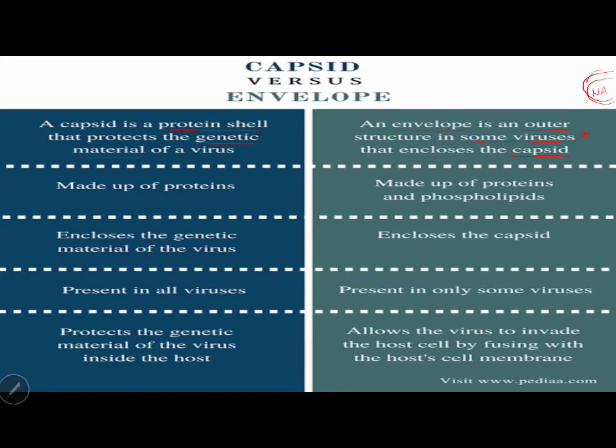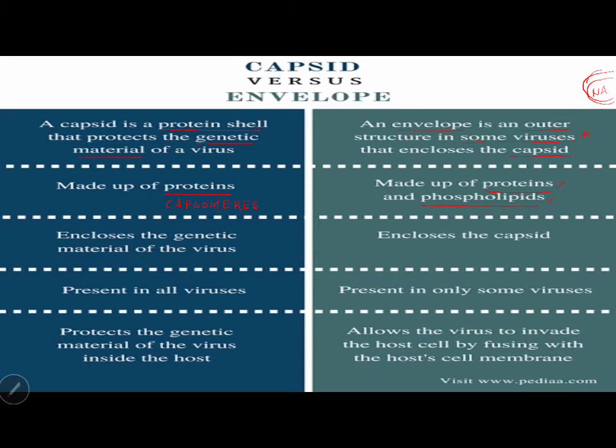It is made up of proteins, and this is made up of proteins and also phospholipids. So proteins and lipids, there are two types of chemical biomolecules forming the envelope, whereas capsid is made up of only proteins. So the units with which the capsid is made is called as capsomeres.